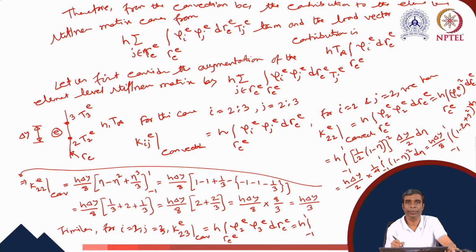Psi 2E is half into 1 minus eta. Psi 3E is half into 1 plus eta. By taking their product, we get 1/4 into 1 minus eta square.